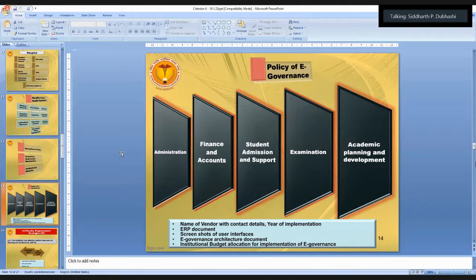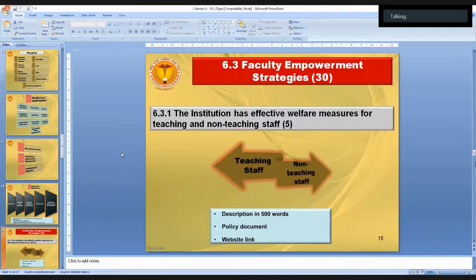When you give the data, it will be the name of the vendor with the contact details, the year in which it was implemented, the entire document for enterprise resource planning, the screenshots of the user interfaces, the e-governance architecture document, all the complete details of the governance, and specific budget allocation in your institute budget for implementation of e-governance. How much importance you are giving to e-governance will be looked into. These 5 criteria are given by NAAC themselves.